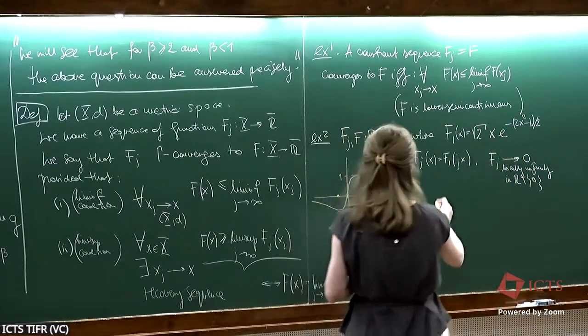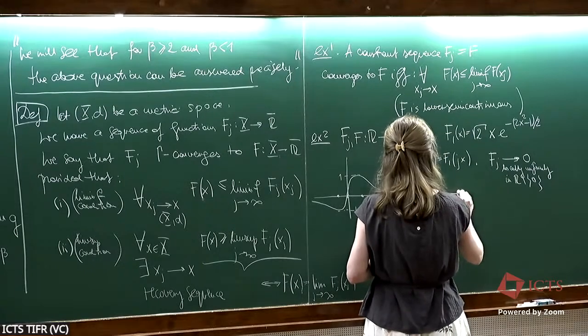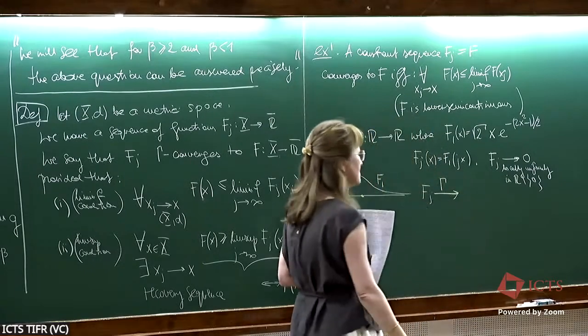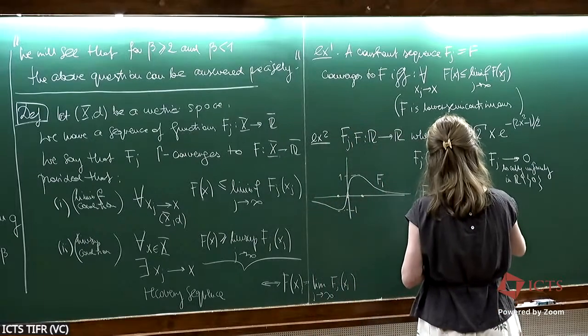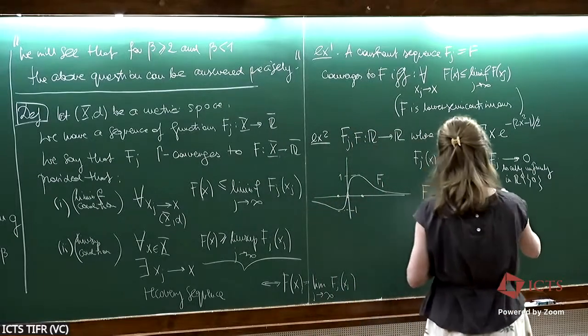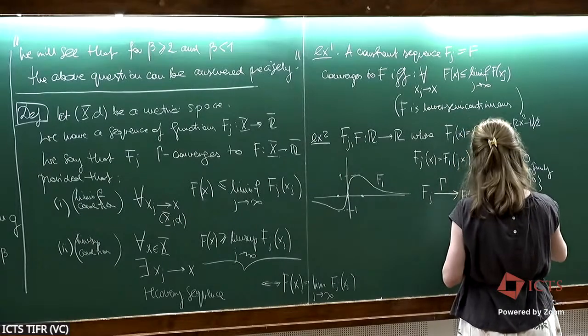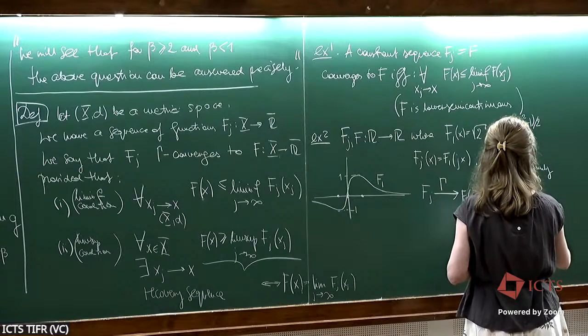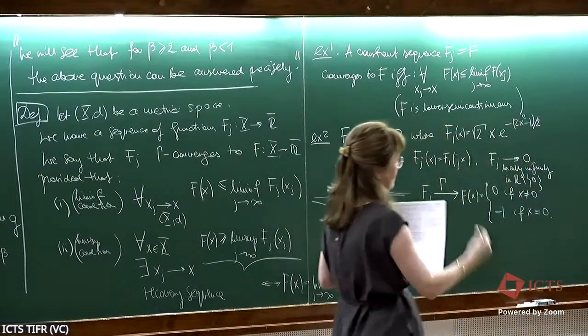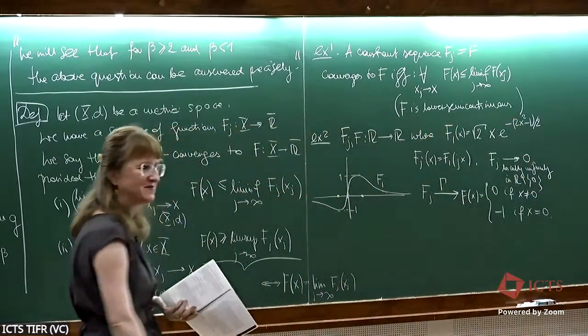But fj gamma converges, that's a notation, to the function f of x, which is 0 if x is not 0, and minus 1 if x is 0. Completely different thing.